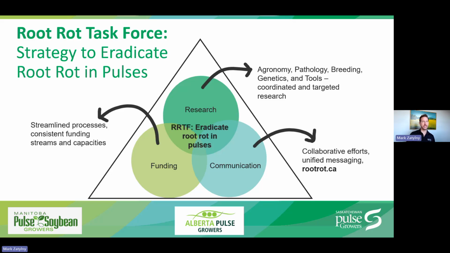All three of these organizations are working together in this space to ensure that all of this research funding and events like this, the communication, getting this information out to growers, to know that there is a lot of work being done, how they can keep their fields profitable, manage root rot, and do the best that they can to be productive while knowing all the risks that come along with root rots.